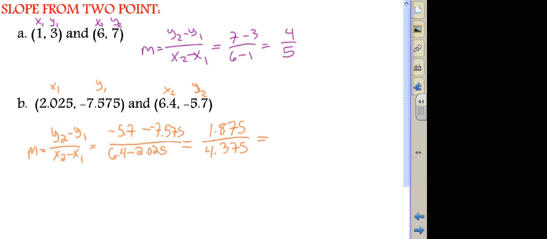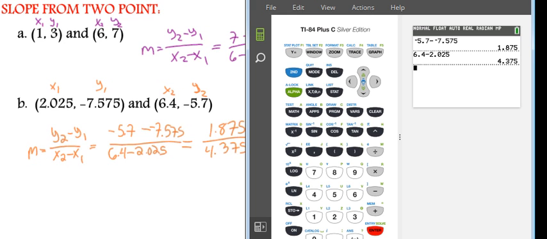This number is not okay. We have to convert that to a fraction. That's a messy number. So I'm going to type that into my calculator. I get a more messy decimal. I convert it to a fraction, and it turns out really nice, just 3/7. Let me show you. I'm going to do 1.875 divided by 4.375.